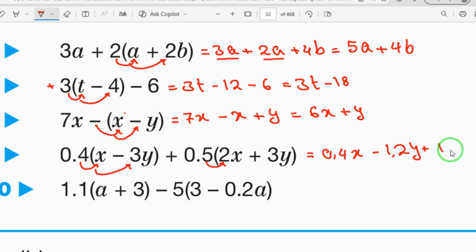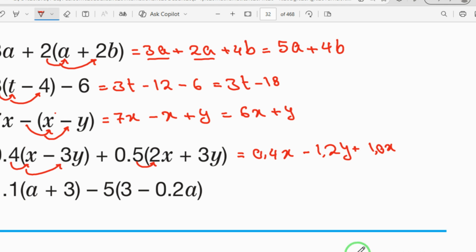Because we have one decimal place, we separate from right to left one decimal place and write x. Then we multiply with the second term here. Plus multiplied by plus, we write here plus 0.5 multiplied by 3 is 15, and we separate one decimal place, 1.5y. We write here y.